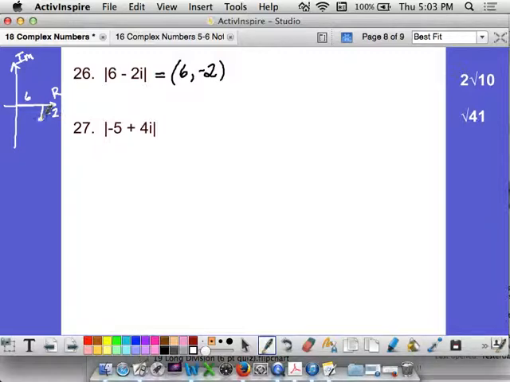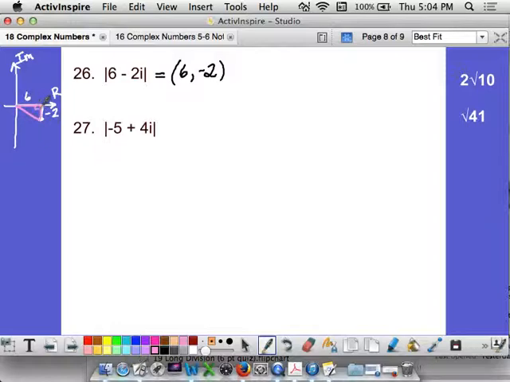Now, if we go back and remember what absolute value is: absolute value is, by definition, how far a point or a number is from 0. In this case, the origin is 0, so I'm looking at this segment right here. How far is that distance?